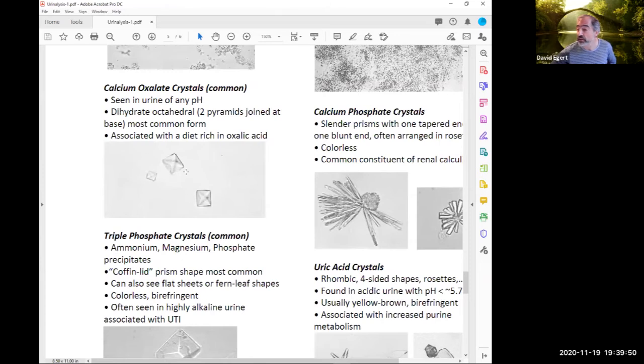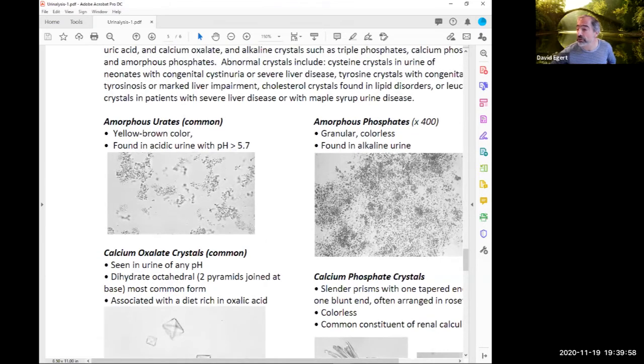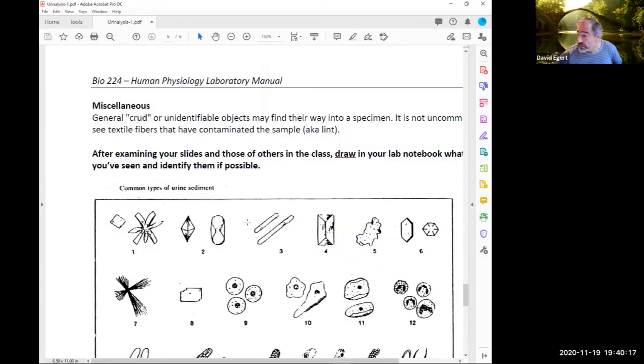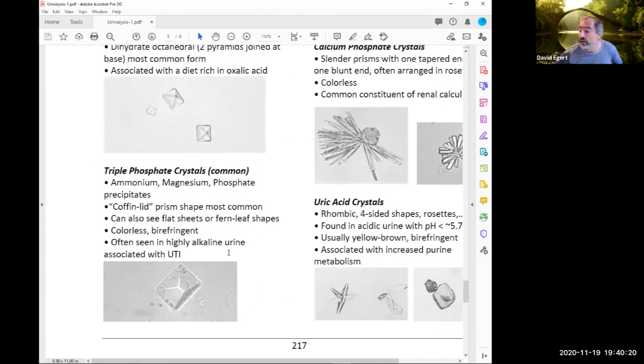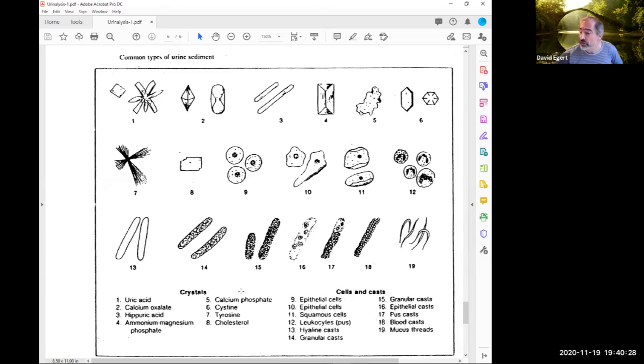You can see little uric acid crystals, these more amorphous little urates. It's really common to see all this kind of stuff in there. These are really tiny. If crystals got big, then you've got kidney stones, but these are itsy bitsy things that you only see under the microscope. There are other ones that are only found when you have diseases. This is showing there are different kinds of crystals.